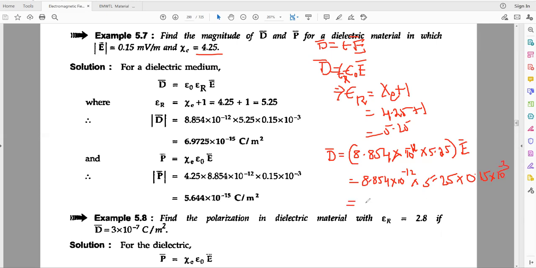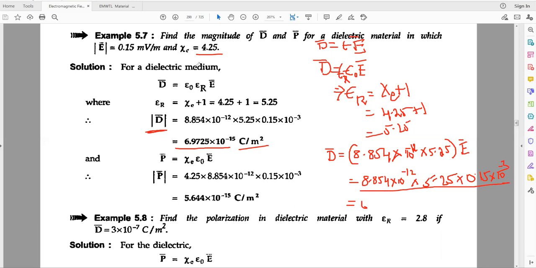That is equal to the D bar in terms of coulomb per meter square, volt per meter is electric field. Multiplying this, you get 6.97 into 10 to the power of minus 15 coulomb per meter square. It's the magnitude of the D bar.